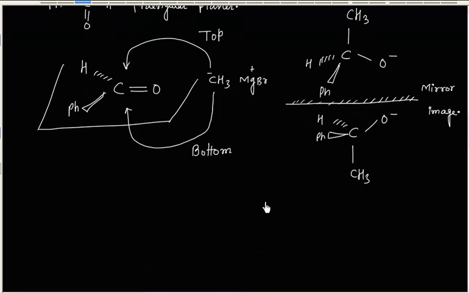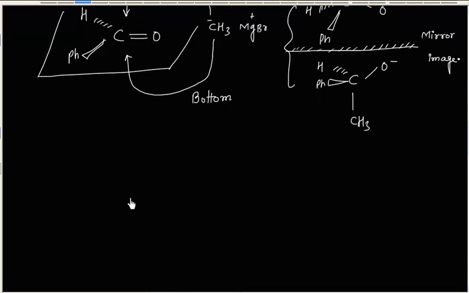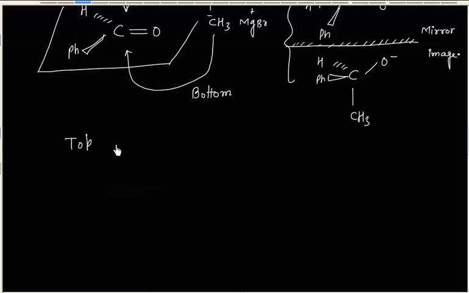So basically in this reaction, we will form both products in equal amount. This is because top attack and bottom attack are equally likely.